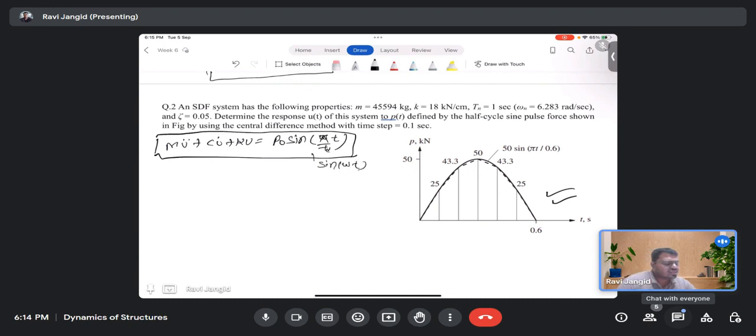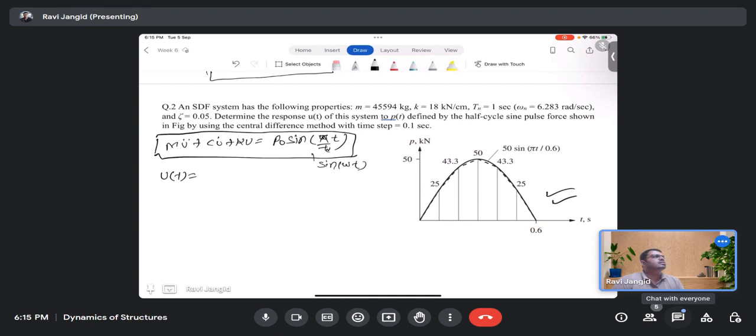For this, the solution is discussed in forced vibration. You can find out the response u t. For the undamped system, what was the solution?